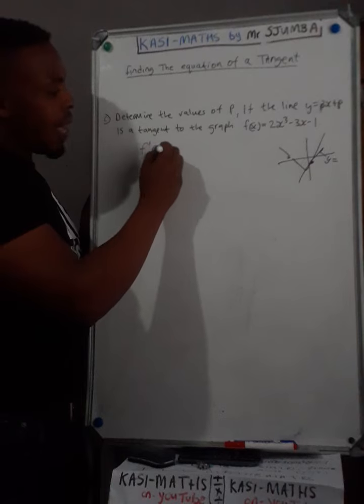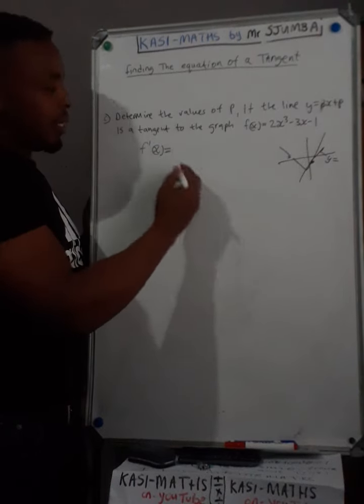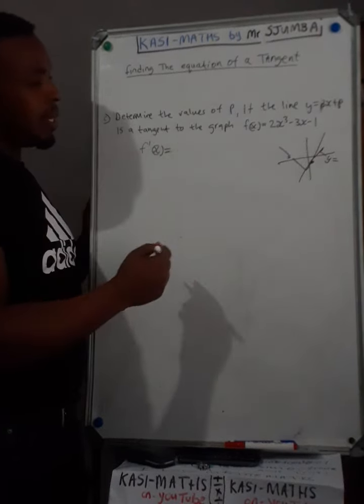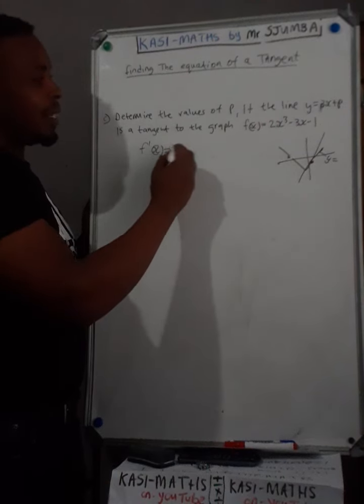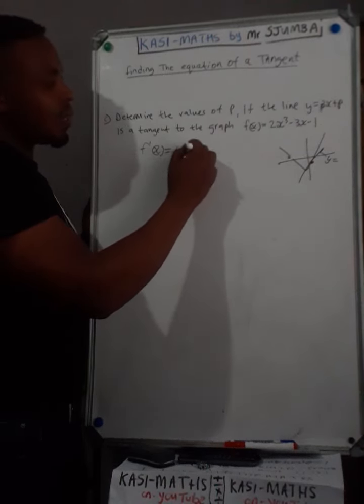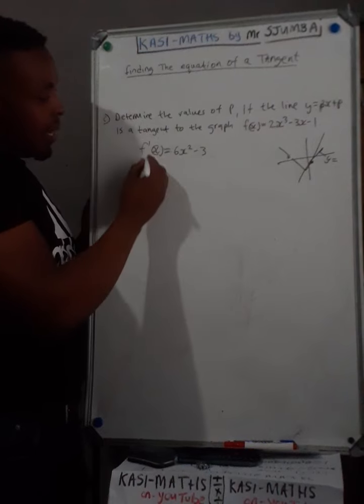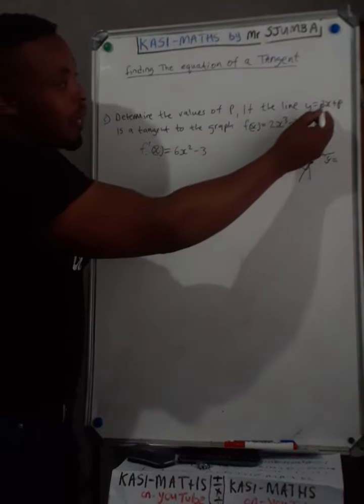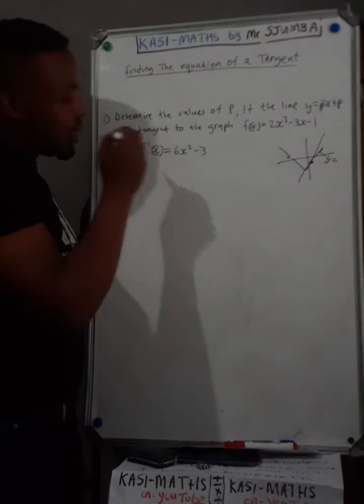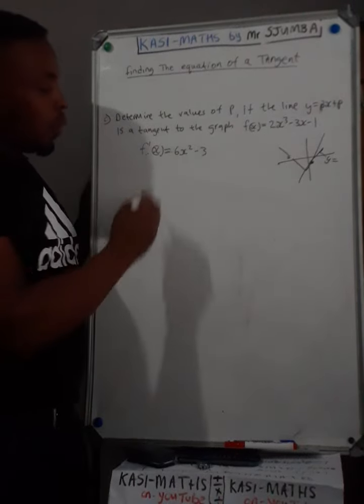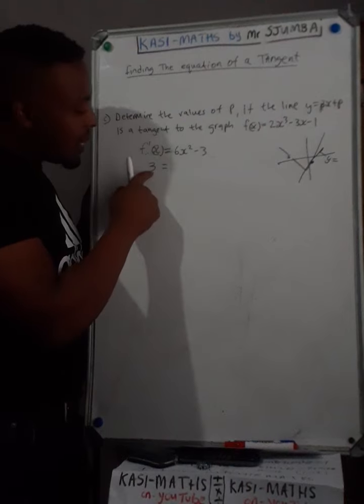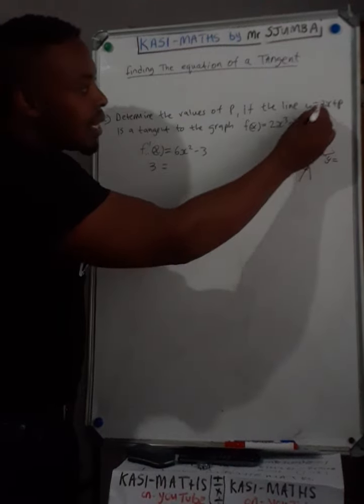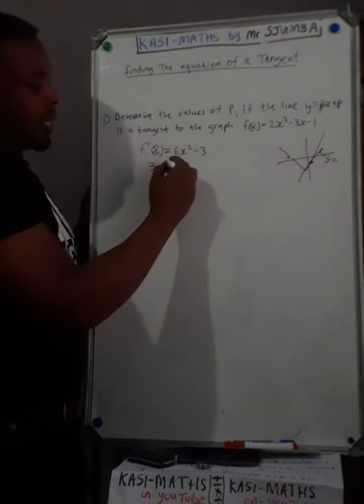So we derive the original, the parabola, the quadratic. So we know 6x squared minus 3. Then its derivative, this is the gradient. When we do have a gradient, we substitute the gradient up because we want to know where the gradient is 3.